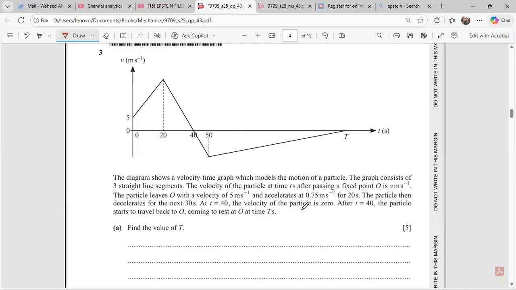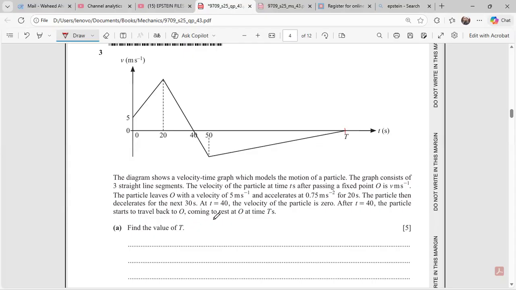And at the end, there's a very interesting thing: the particle travels back to O, coming to rest at O at time T. So at this time, the particle has moved back to its original location, so the total displacement is zero. It means the area above the x-axis and the area below the axis must be equal. This is a key point.